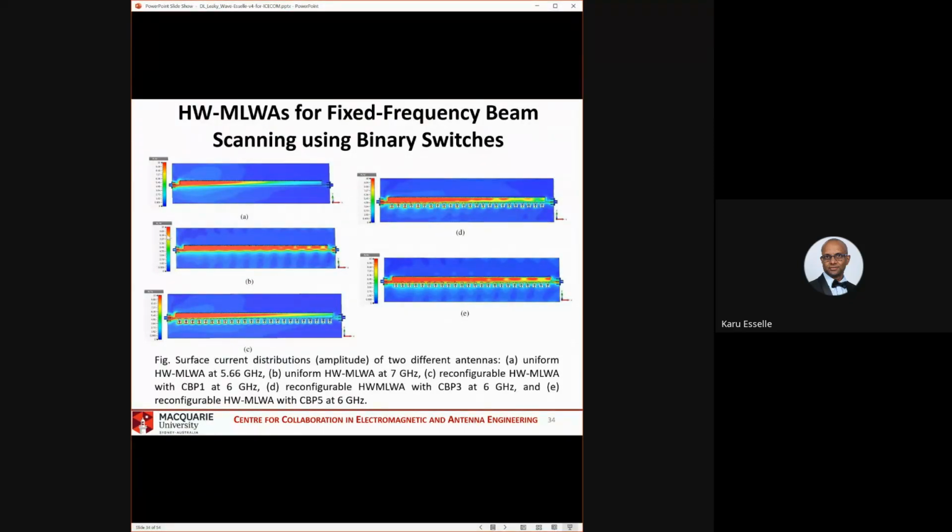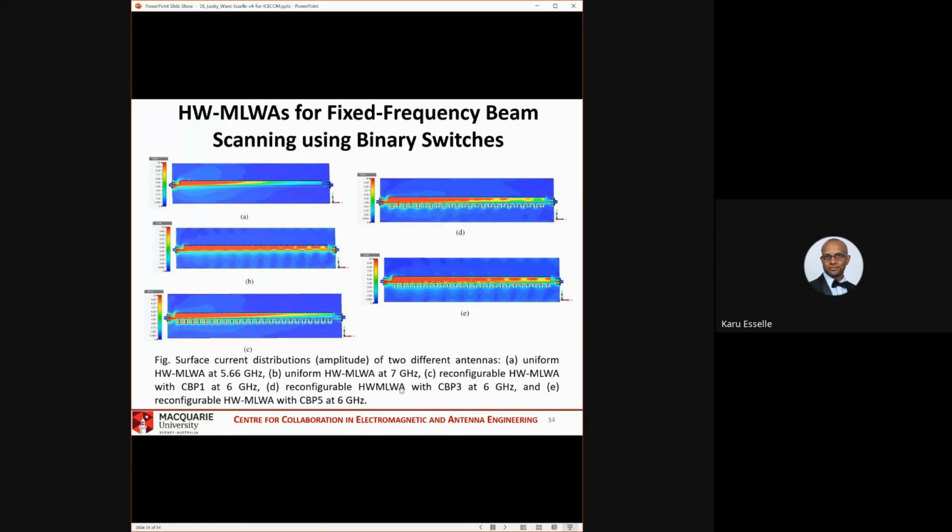Remember my cartoon-type figure in the beginning had an exponential decay of the electric field and current, and the power in the leaky wave antenna. As I said, it decays with length, and in some of them it becomes almost zero here. So this is a good example for that.